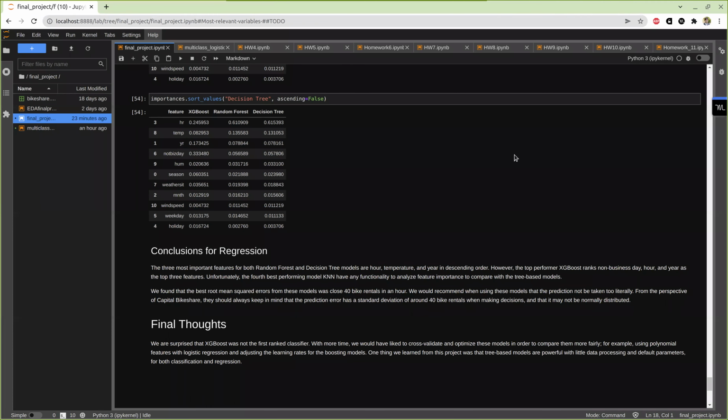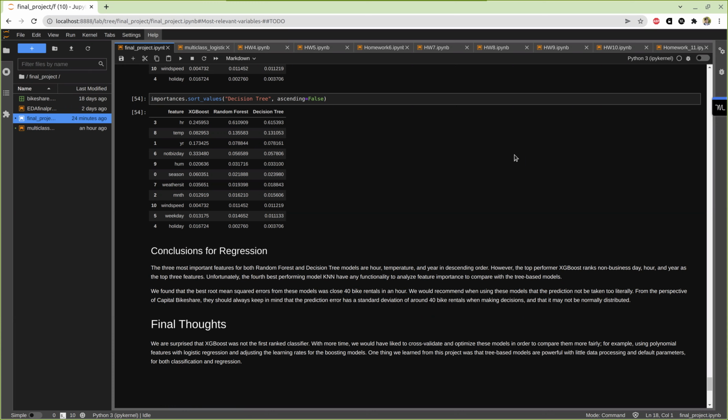All right, so to wrap up both our project as a whole, we did learn a lot about classification and regression. We would have liked more time to cross-validate and tune the parameters of these models. For instance, none of the classification models ever predicted heavy weather because there were only 3 data points in our set.